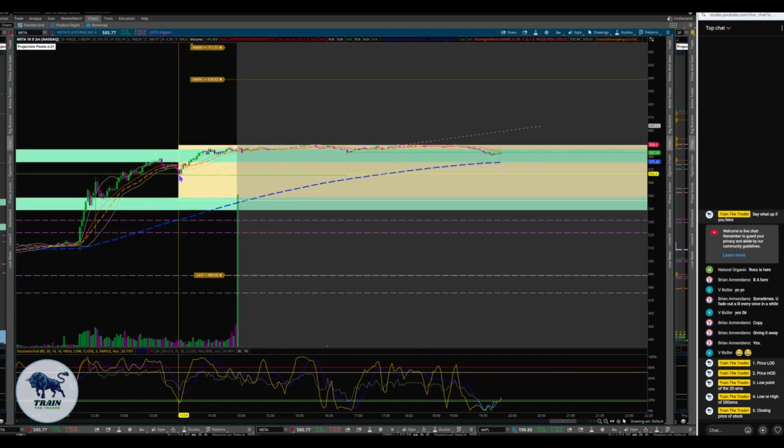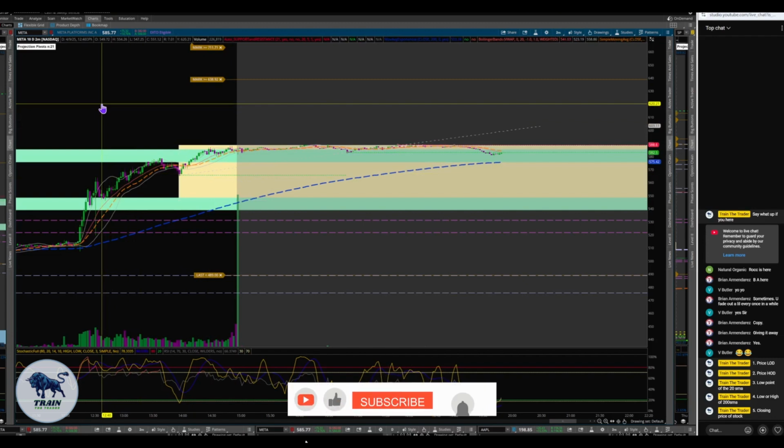Then you have our price low, our price high, and then the closing price is right here. So this box is going to incorporate all 5 of those things. Last hour of the day.